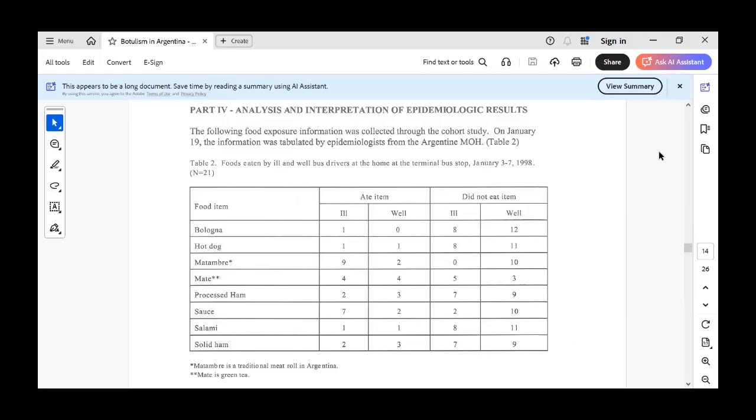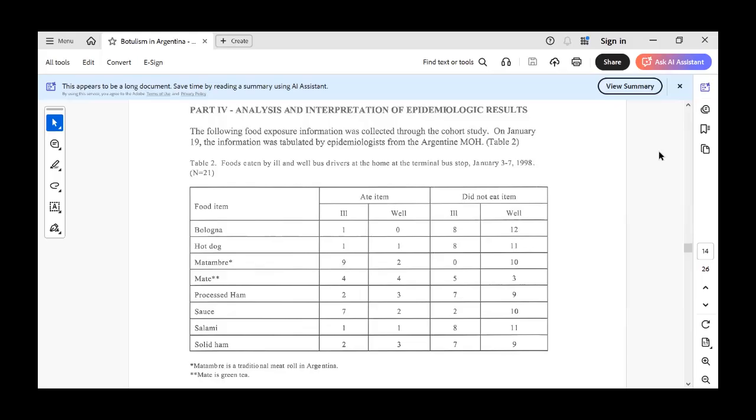No. Remember, we're doing the incidence of botulism among those who ate bologna, which would be the number of cases for those who ate bologna, which was 1, over the total population who ate bologna, which is 1 plus 0. So as I think Daniel said, it would be 1 over 1. So the attack rate for bologna is what?